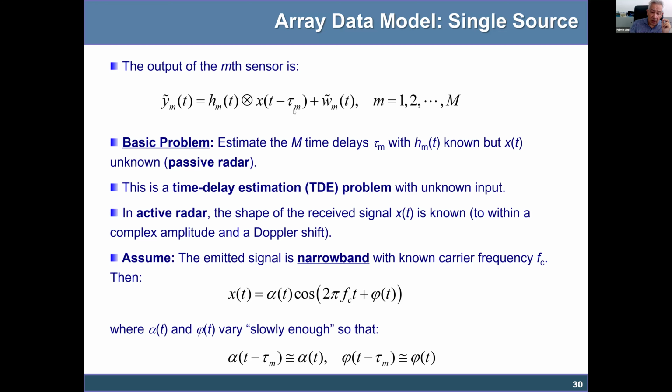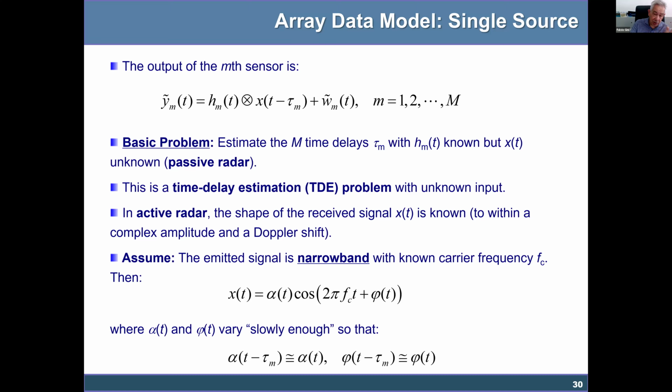So at the end, we want to estimate the directional arrival of the source. Now, as you will see, the directional arrival of the source affects the values of this delay, tau m, for m equal to 1, 2, 3, 4, up to M. Obviously, tau 1 is equal to 0 because the sensor number 1 is the reference sensor.